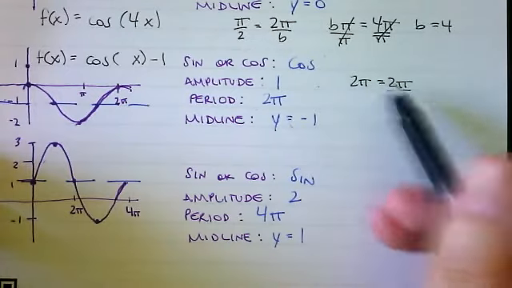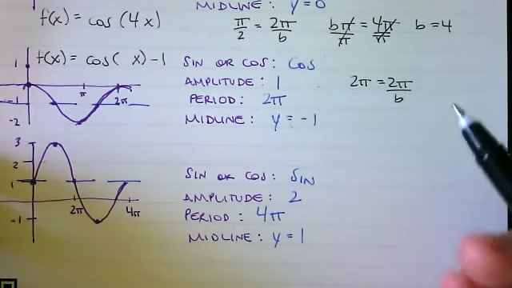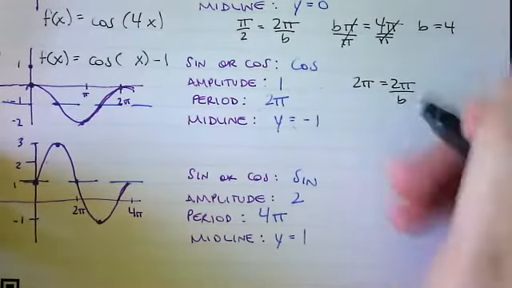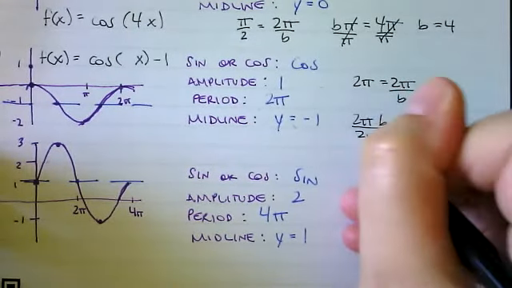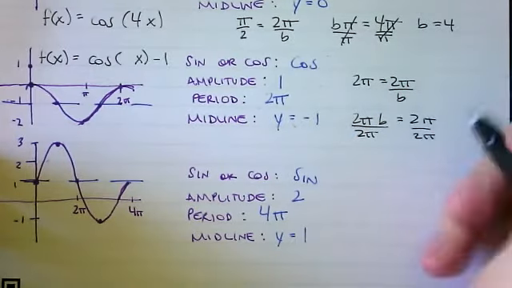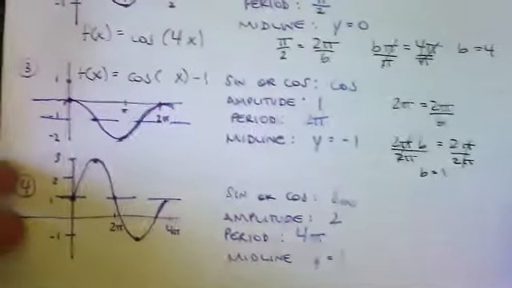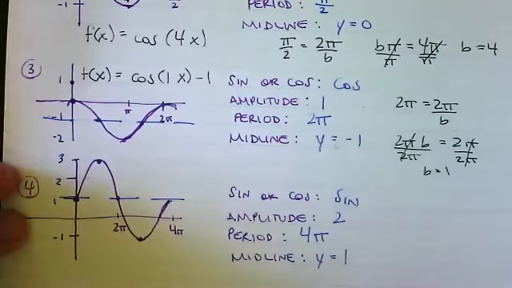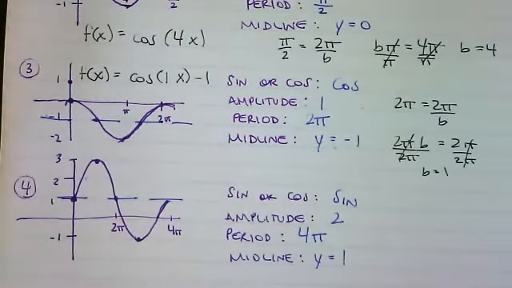Sometimes it's easy to see what you would end up with here. Obviously, if this is a 1, it's going to work out. So again, we can solve it. 2 pi B equals 2 pi, divide both sides by 2 pi, cancel, cancel, B equals 1. So then I don't need to put the 1 here. You can just say cosine of x minus 1.